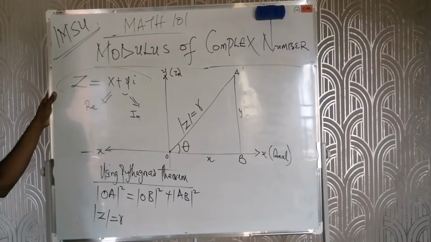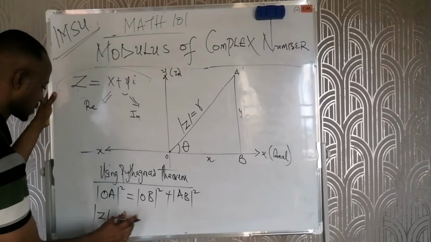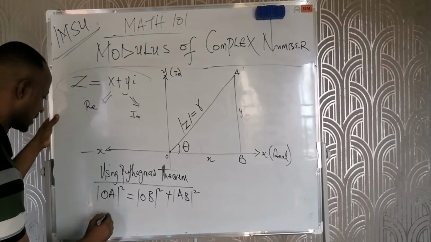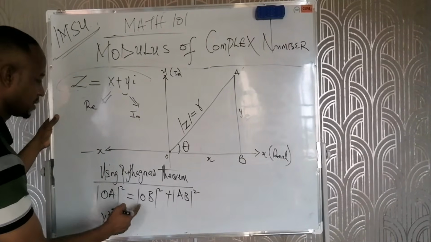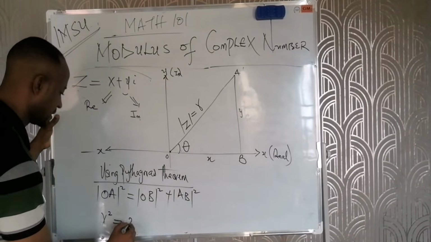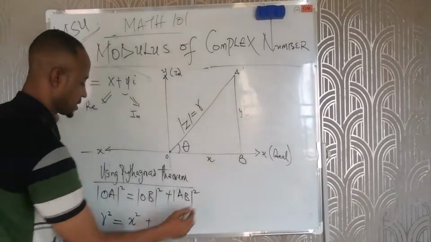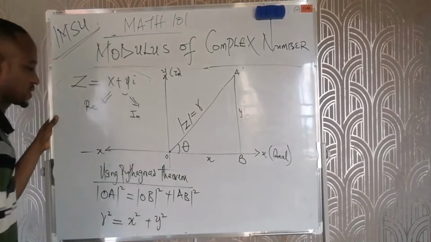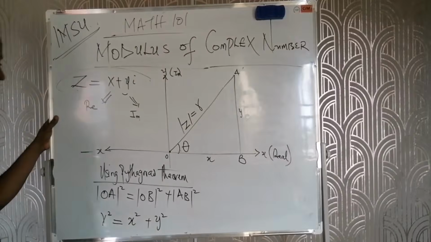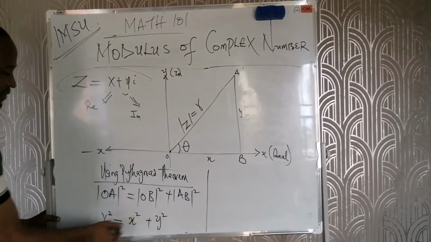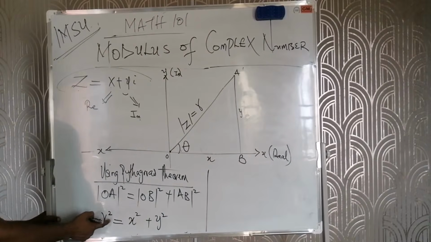Which equals r, right? So OB squared, or let's just use the value r, r squared equals OA, which is x squared, plus AB, which is y, so y squared. From here, I can square root both sides to remove the square from this r.